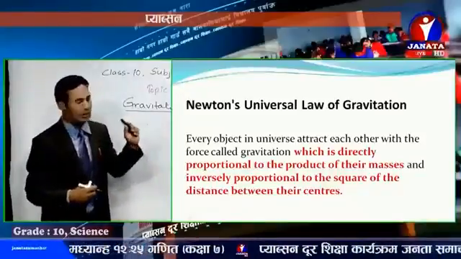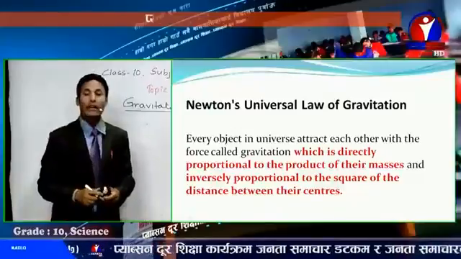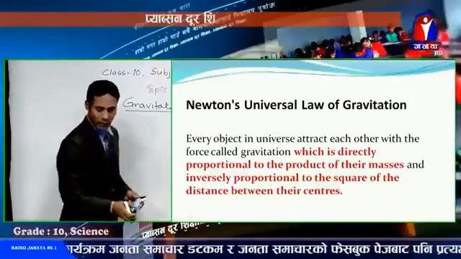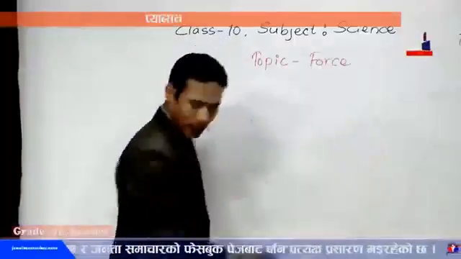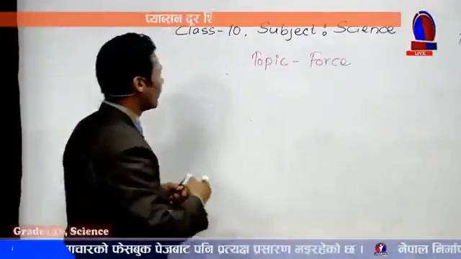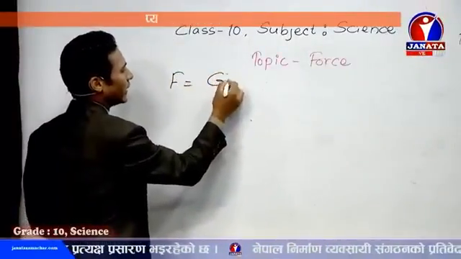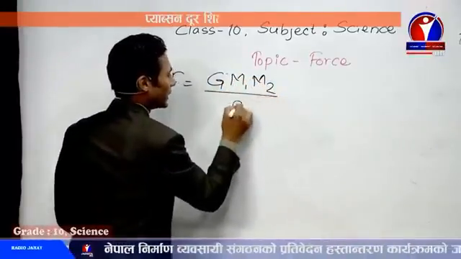You can see in the slide also that I have stated Newton's universal law of gravitation. So let's see the mathematical derivation for this law. Mathematical derivation means that we are going to prove F equals G m1 m2 by d square.